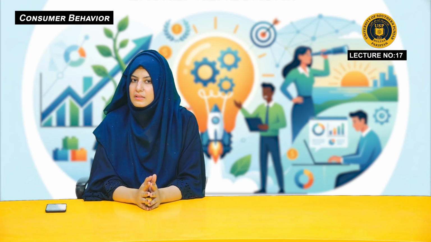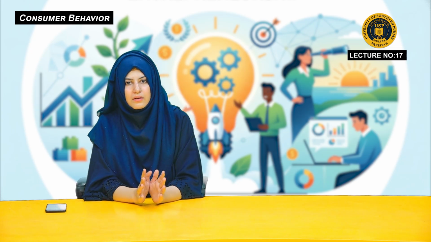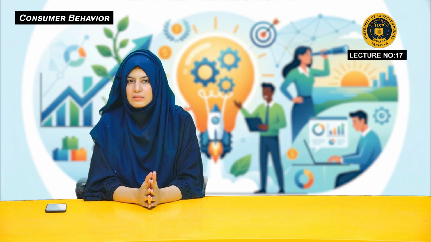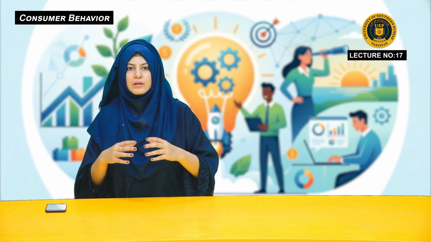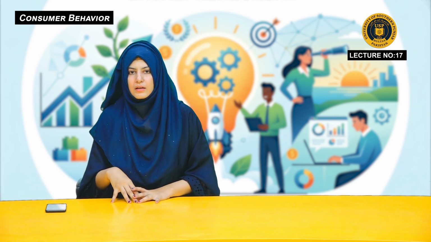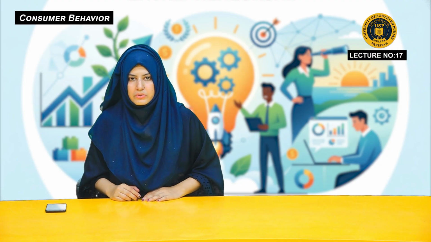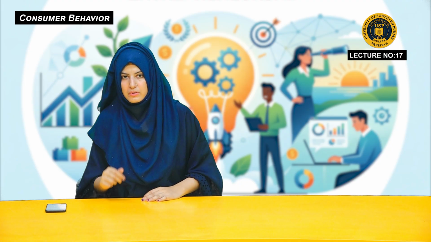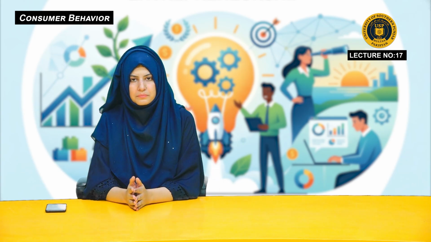Stimulus generalization is another important concept. It occurs when consumers associate similar products or brands with a learned response. For example, if consumers trust one product under a well known brand name, they may extend that trust to newly introduced products from the same company.